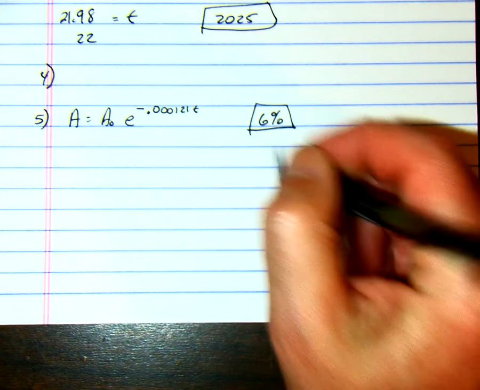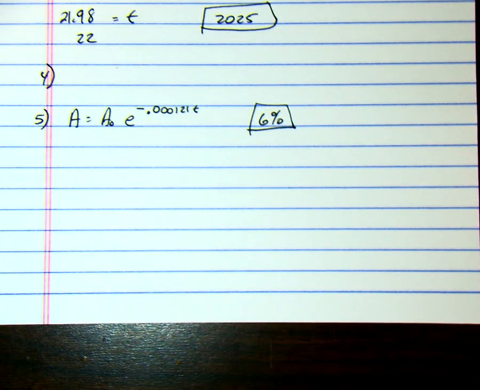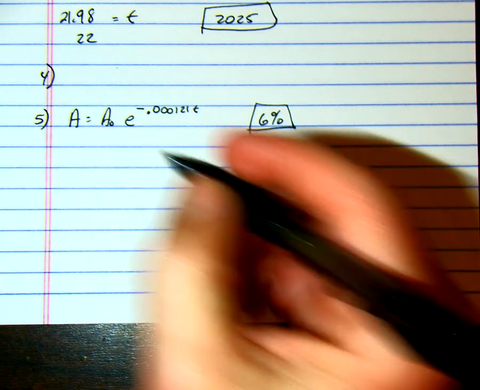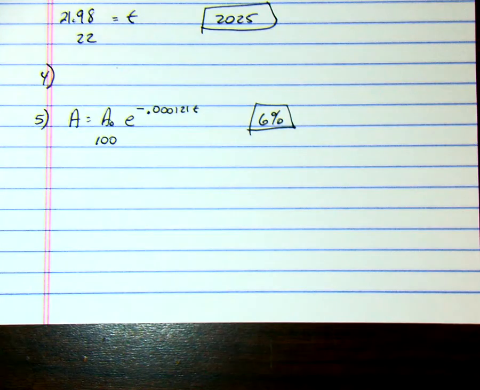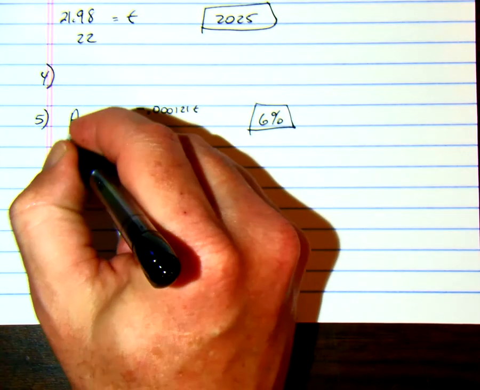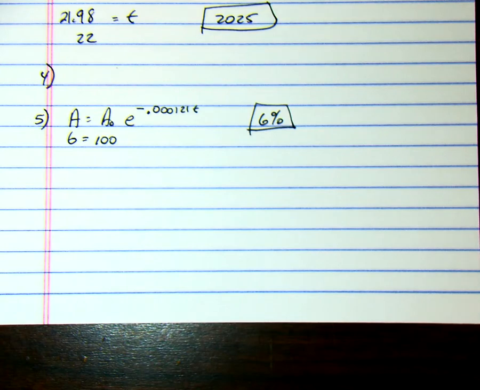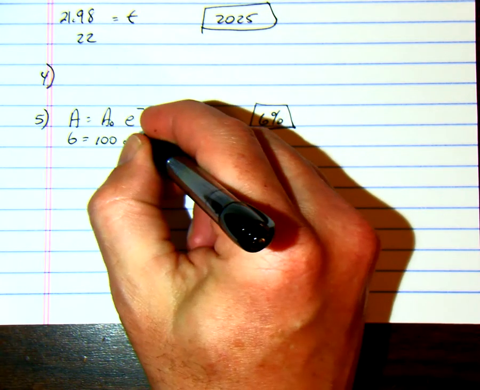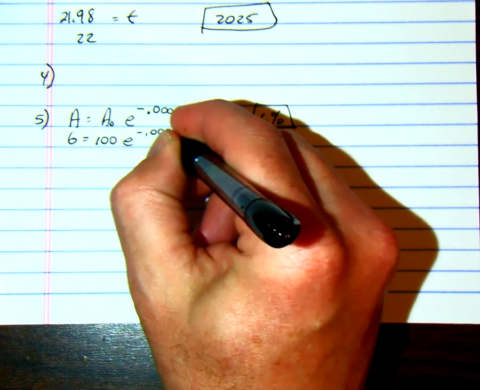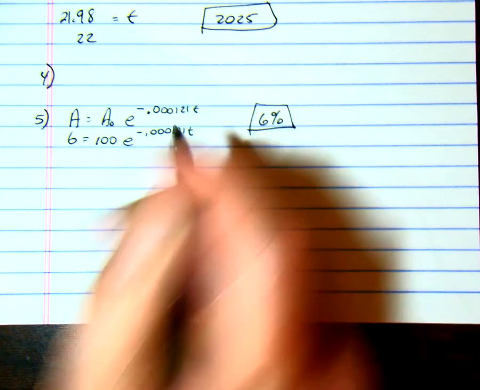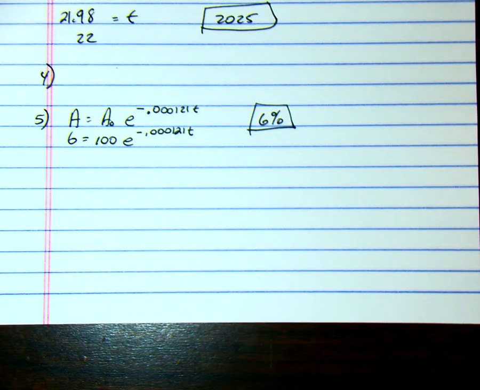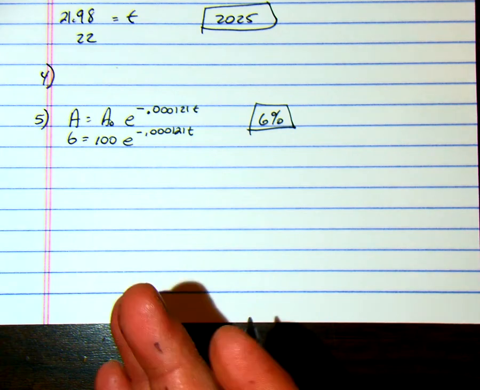The only thing we were given was that 6% is left. So we're going to make up something that works with 6%. I'm going to say that we started out with 100, and that means that only 6 of those are left. And now we have something that we can work with, because now we went from 3 unknowns to 1 unknown, and this 1 unknown we can solve for.